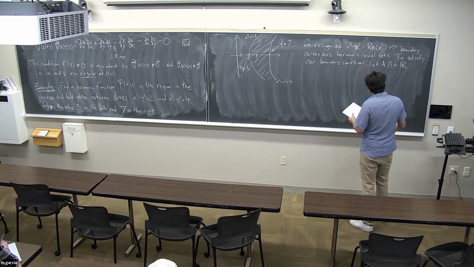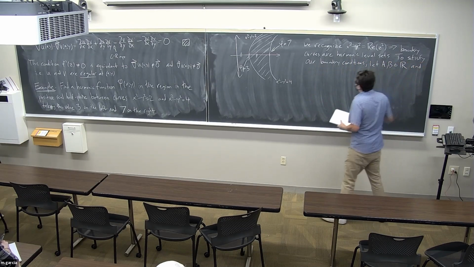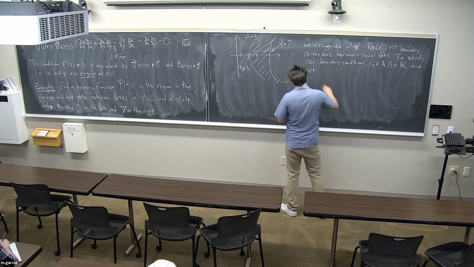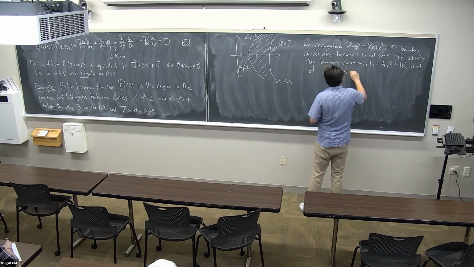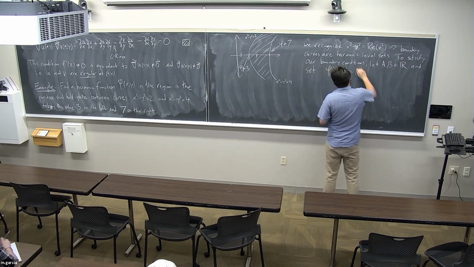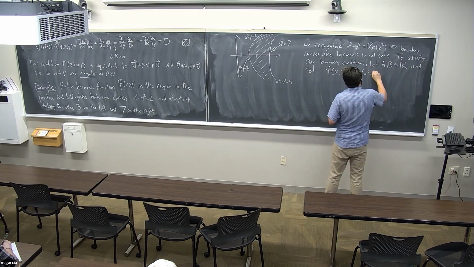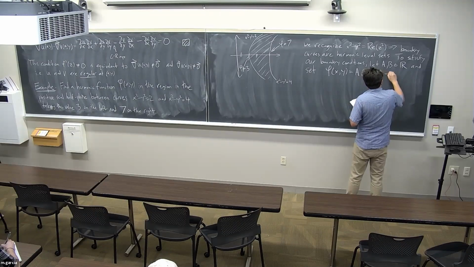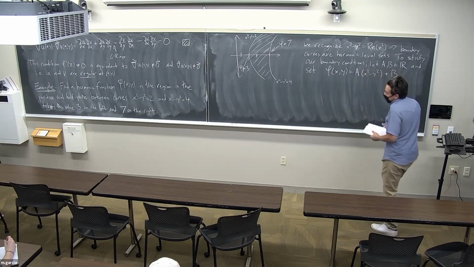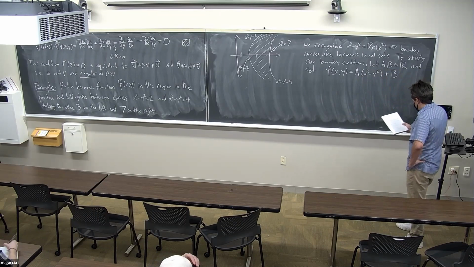Okay? And set phi of x, y be equal to A times x squared minus y squared plus B. Okay?